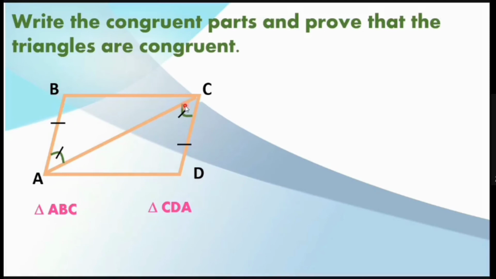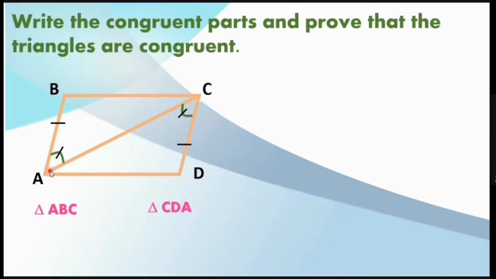How about the third pair of corresponding parts? As we can see, this line segment here, side AC, is a shared side. Ibig sabihin ng shared side, it is being used to be a part of triangle ABC, and it is also a part of triangle CDA. So this one here is shared side.